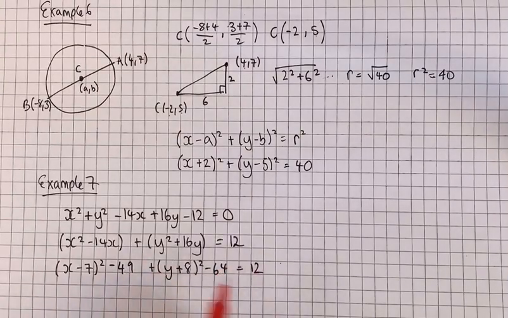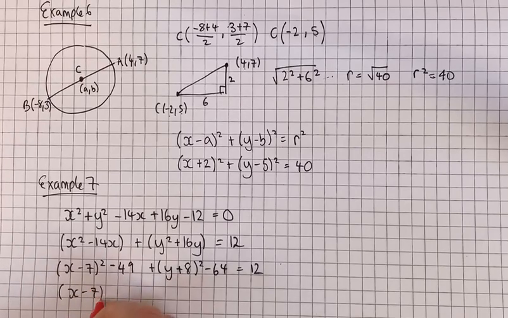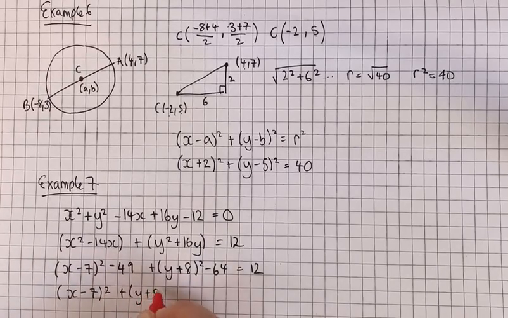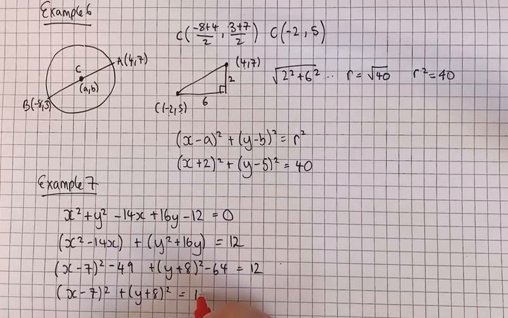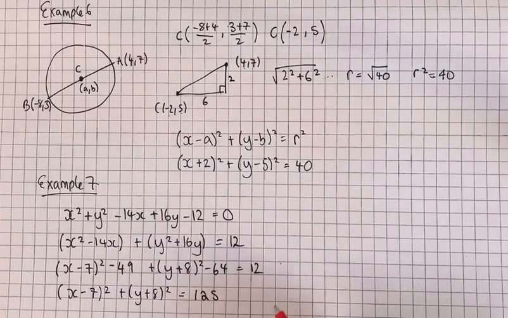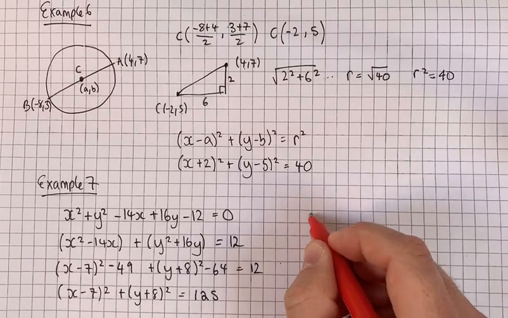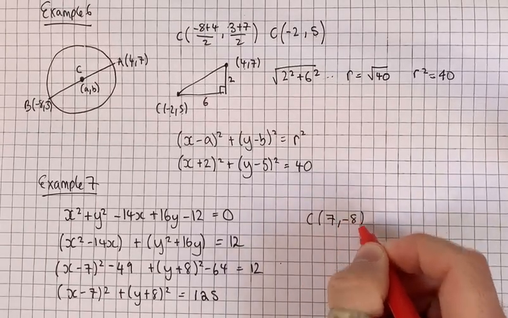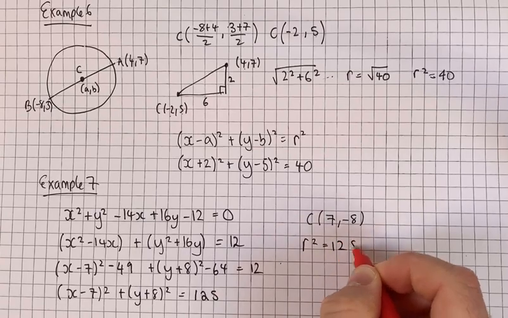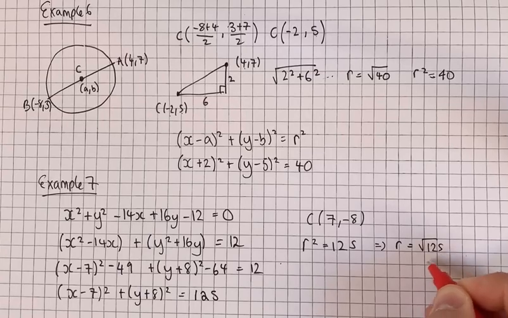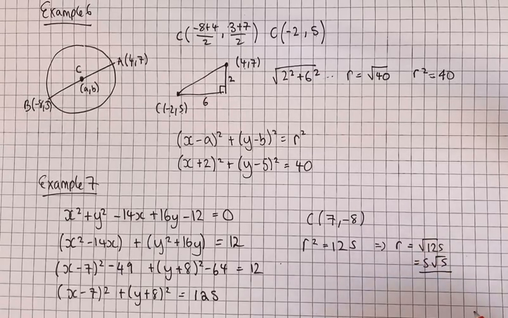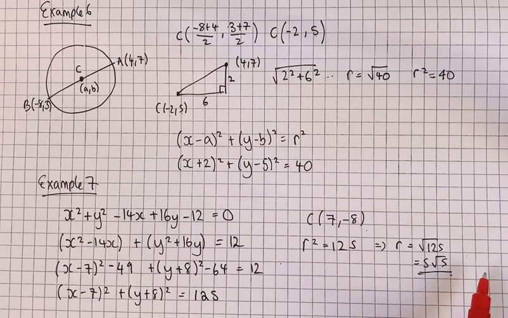Now shifting both of these numbers over gives me (x take away 7) squared plus (y plus 8) squared equals, what's that going to be? 76 plus 49 is 125. So from that I can pick off that the centre is (7, minus 8). r squared is 125, meaning r is the square root of 125, which is 5 root 5. So centre (7, minus 8), radius 5 root 5.